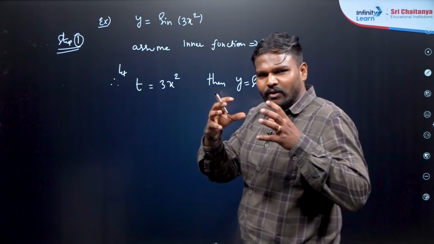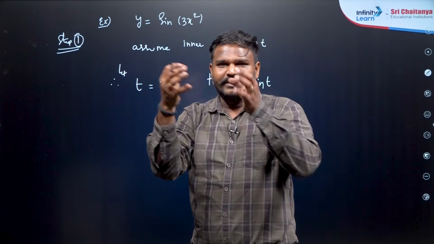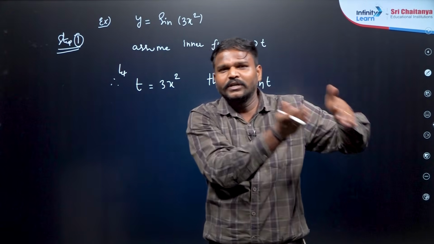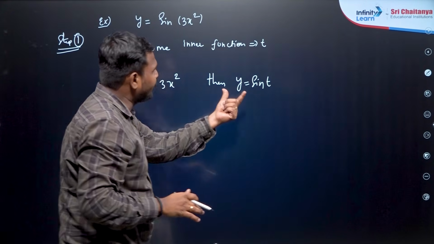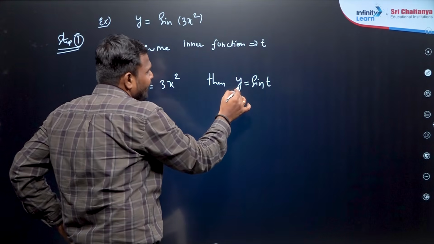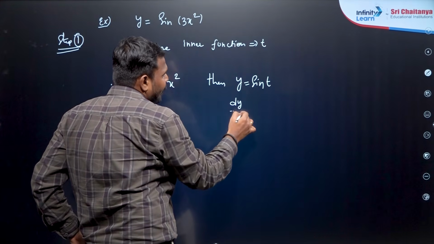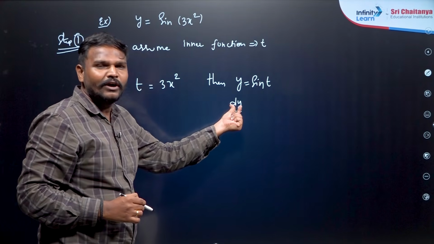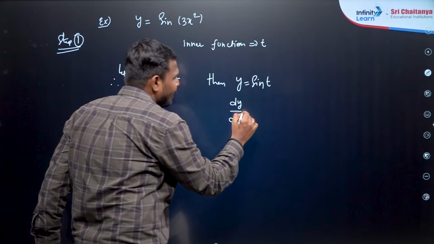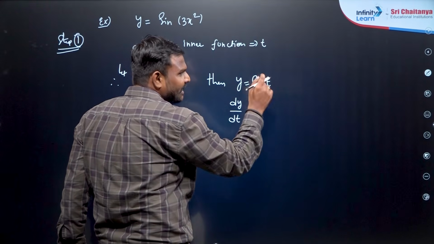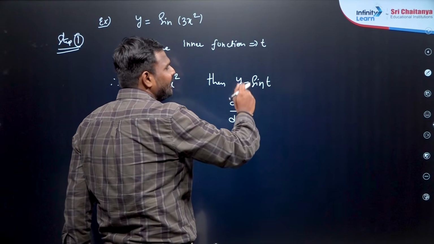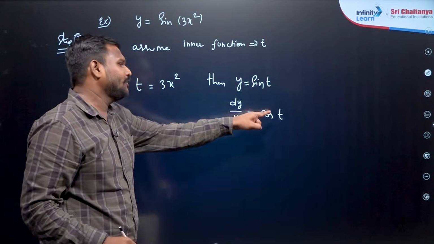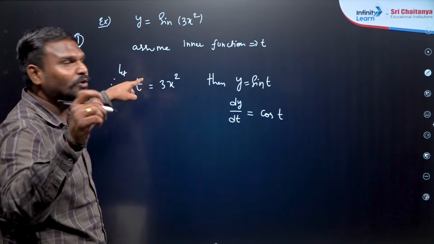Now, there was a function inside a function. I wrote the inner function separately, the outer function separately. In this particular thing, the dependent variable is y and the independent variable is t. So for this function, what is the derivative? Dy by dt. And I can say sin x derivative is cos x. Like that, sin t derivative will be cos t. But t you have assumed. As per the question, what is t?